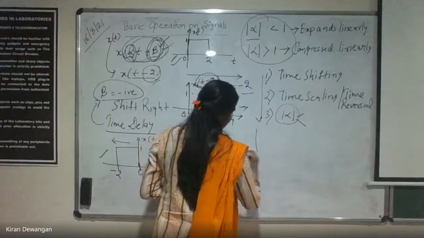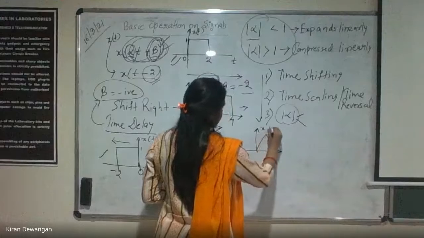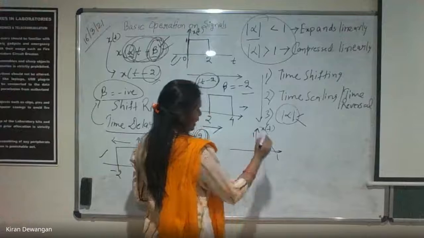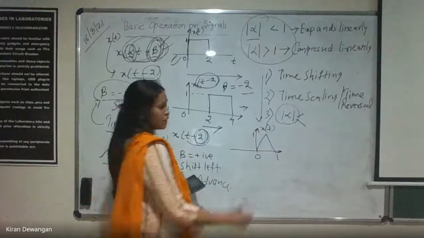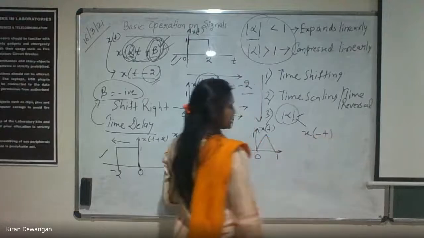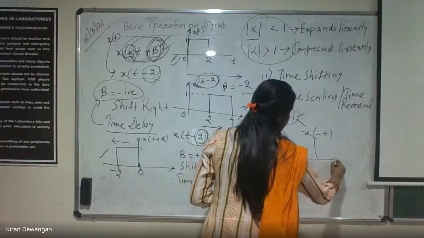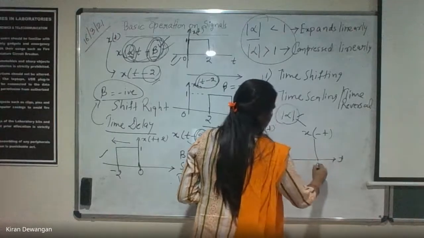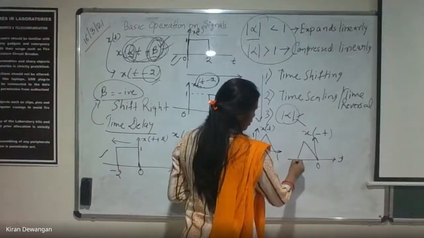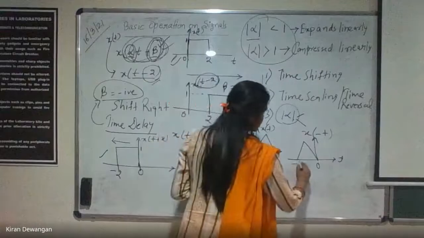Let us say this is my x(t), which starts from 0 to 1, and the maximum value is 1. Now, to plot time reversal, x of minus t will be plotted on the opposite side of t.